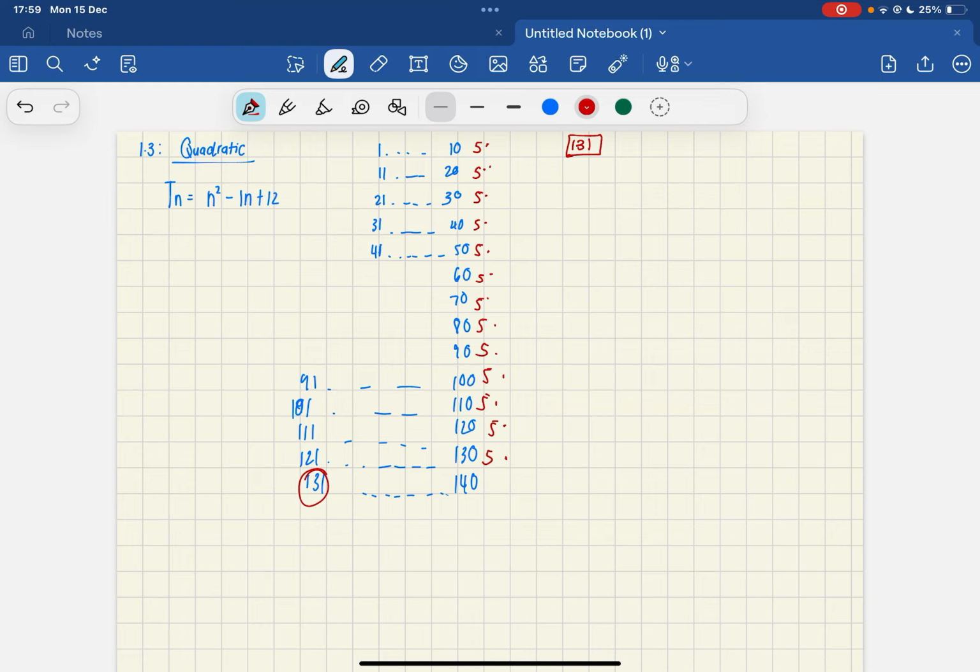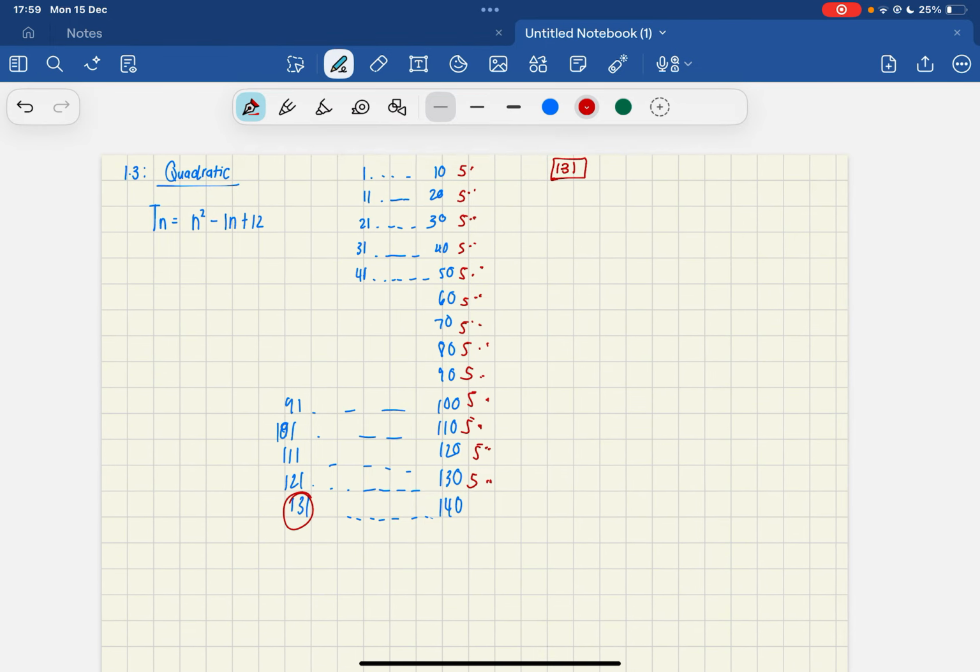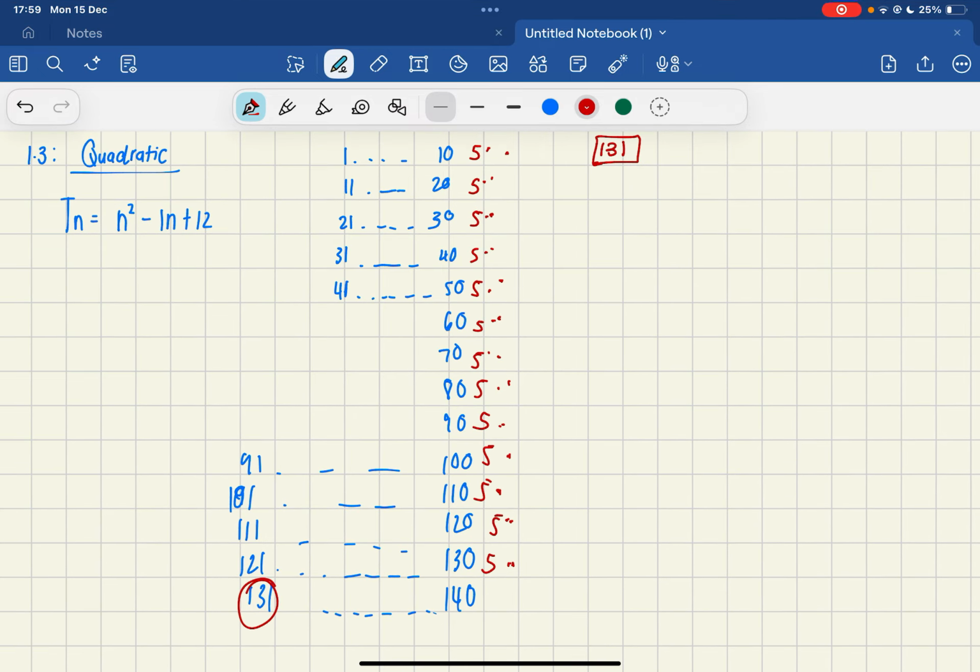Let's check again. 5, 10, 15, 20, 25, 30, 35, 40, 45, 50, 55, 60, 65, plus 1. So it would be, not 166, but 66. 66 would be the position, would be the n.